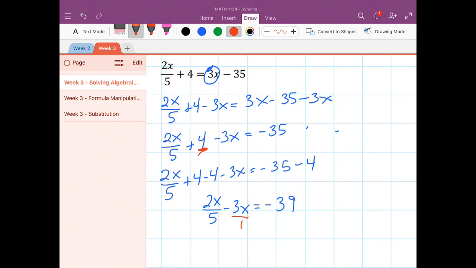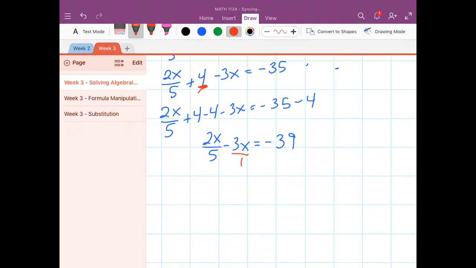So I'm going to have to multiply the top and the bottom by 5 in order to make it a fraction over 5. So I end up with 2x minus 15x over 5. So my 3x over 1 is the same as 15x over 5.